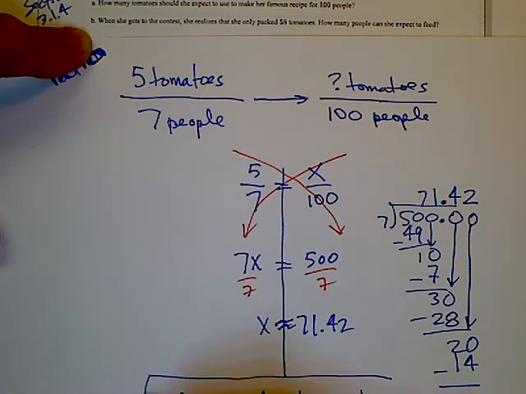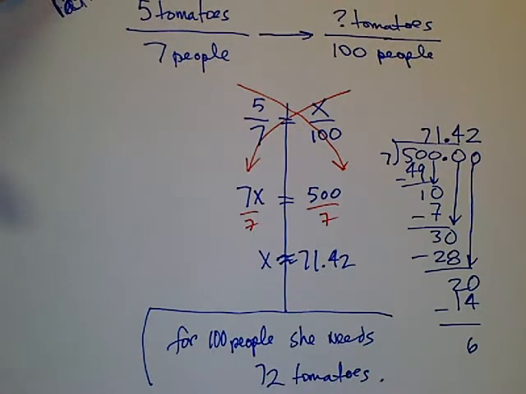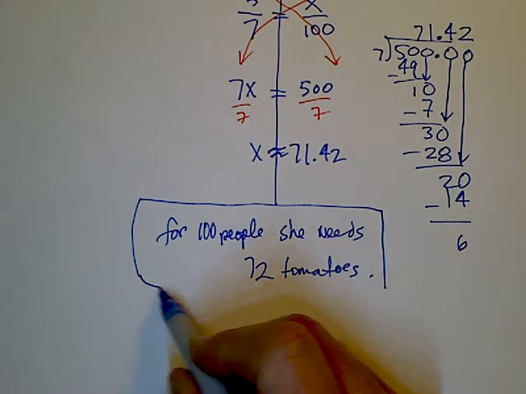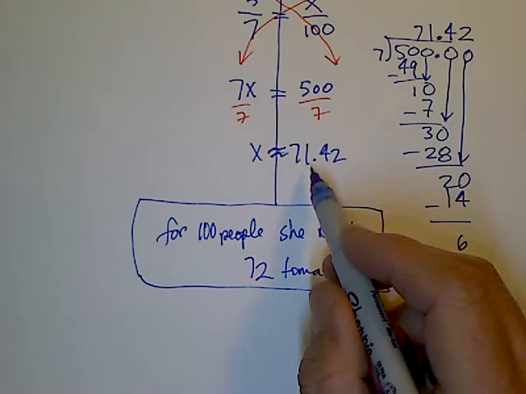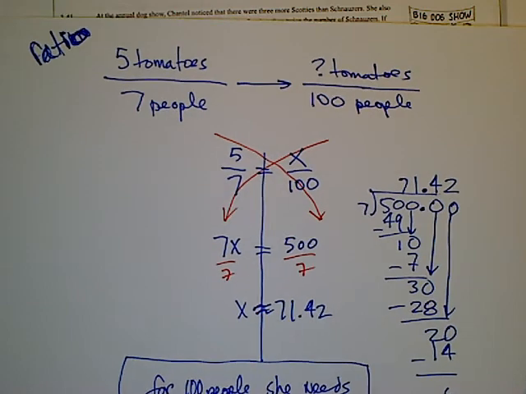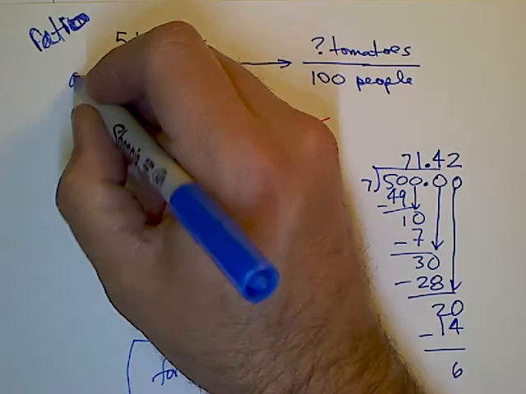Okay, so there's my answer. For 100 people, she needs 72 tomatoes. We had to round up to get a whole tomato. So that's the process for A.